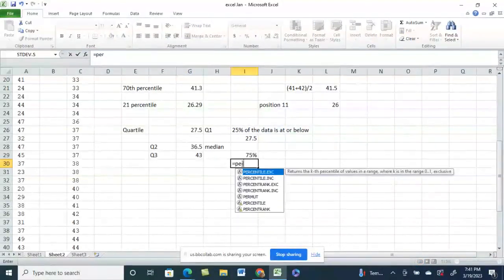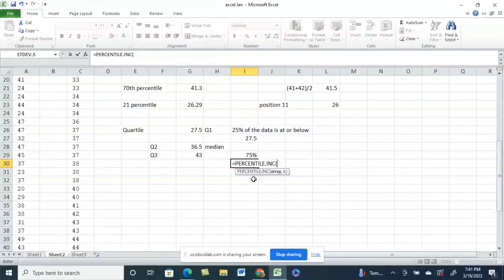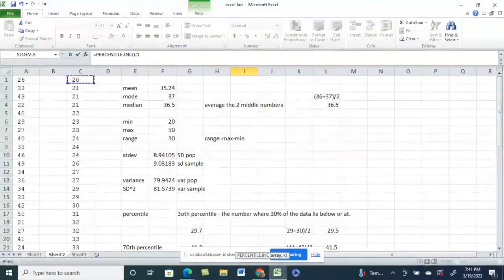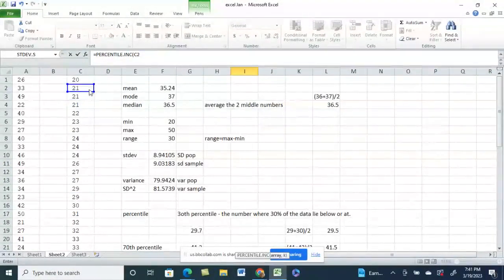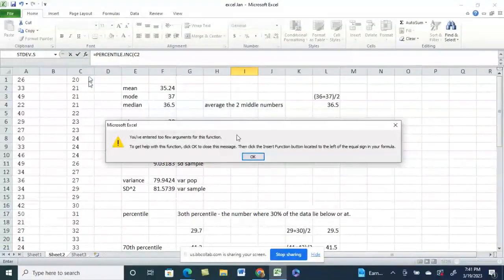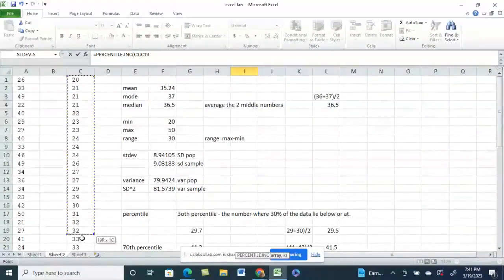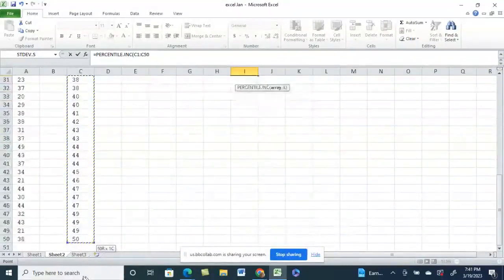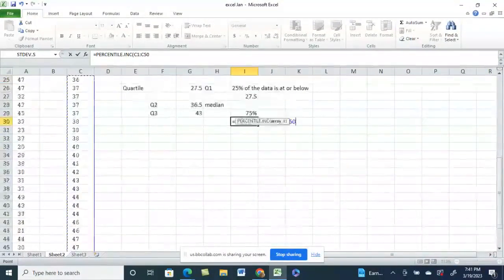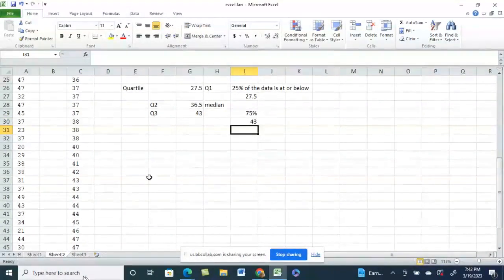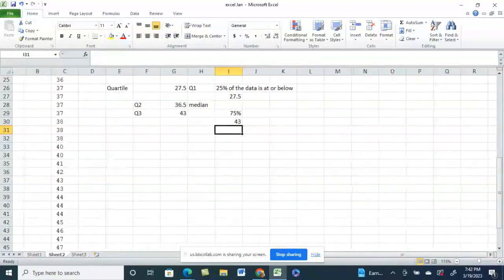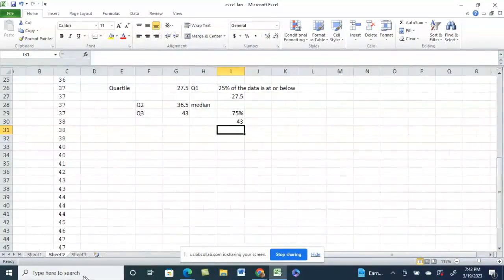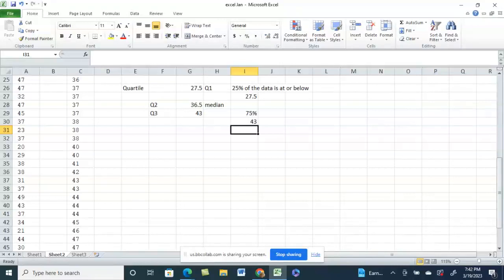Or again, you could use percentile inclusive, pick your numbers, and then do 0.75. For percentiles, you have to put your percents into decimals. For quartiles, you do not. So you get the same answer, 43. At 43, 75% of the data is below or at in your list.